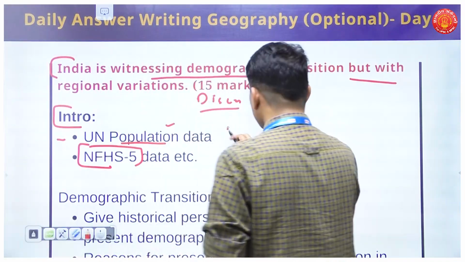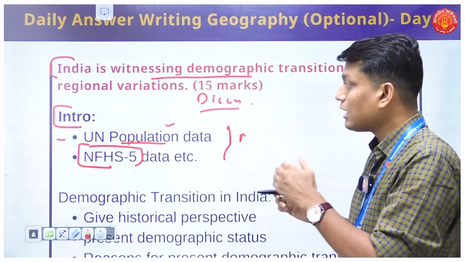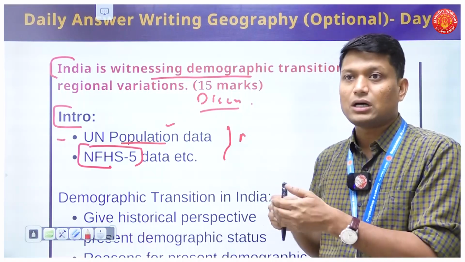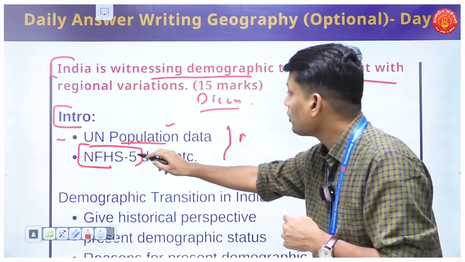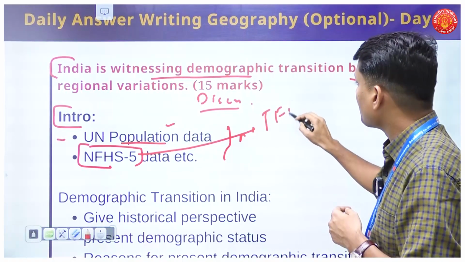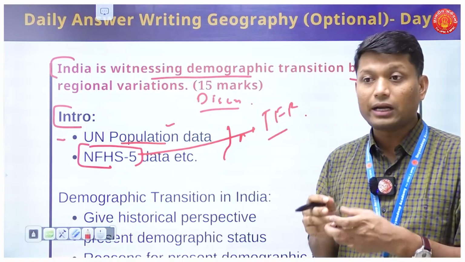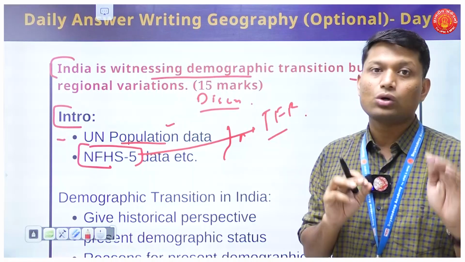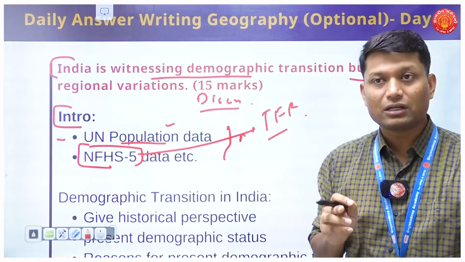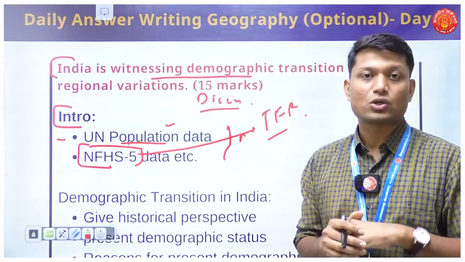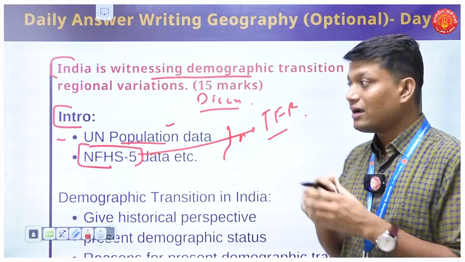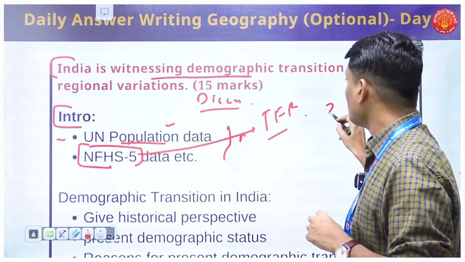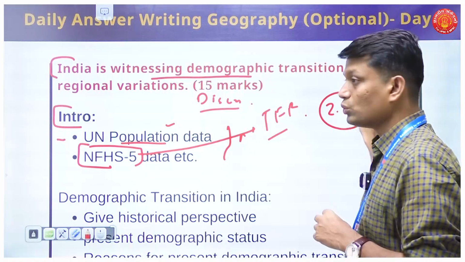Here I'm talking about total fertility rate. So I will say that so and so data reflected a higher fertility rate maybe 5 years ago or 10 years ago, and now today we have a total fertility rate which is well below 2, right?